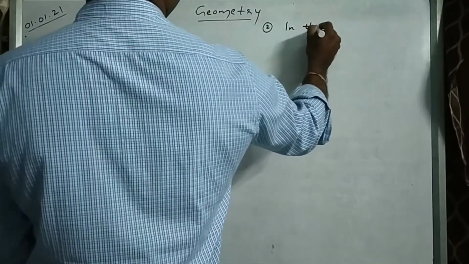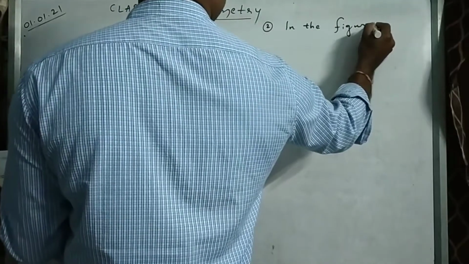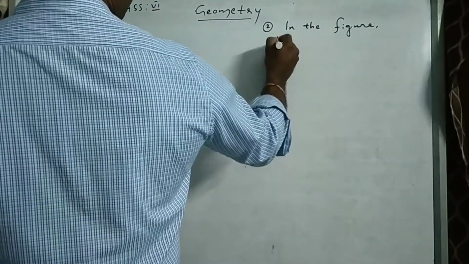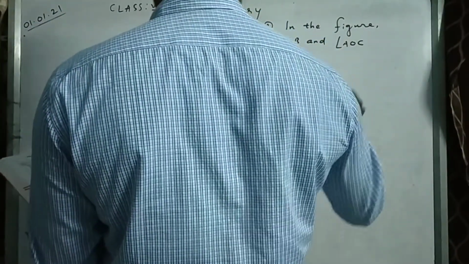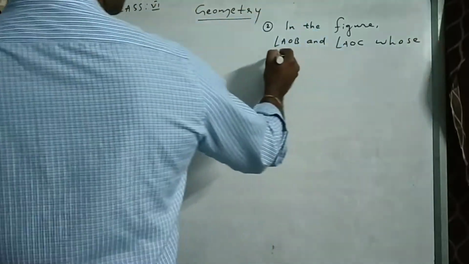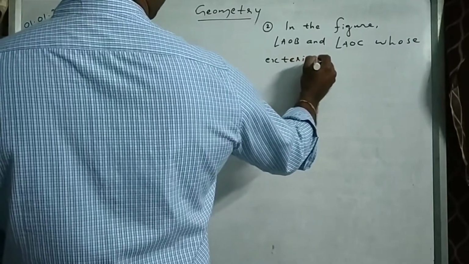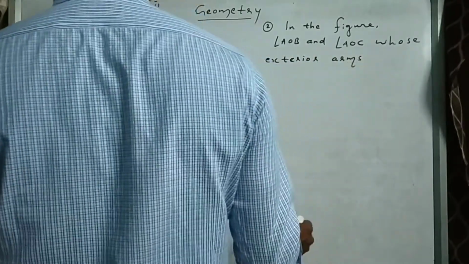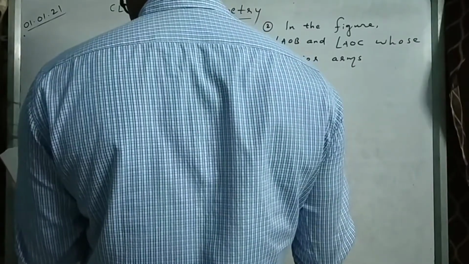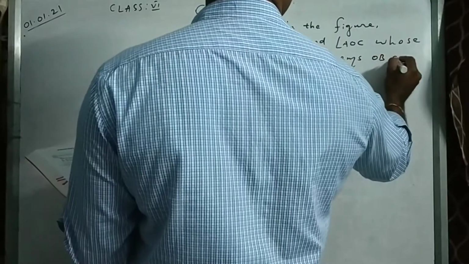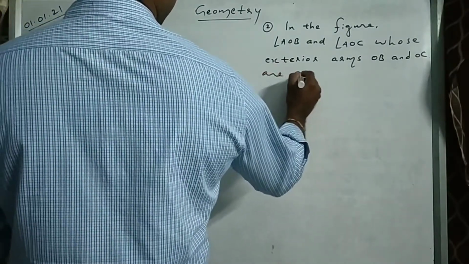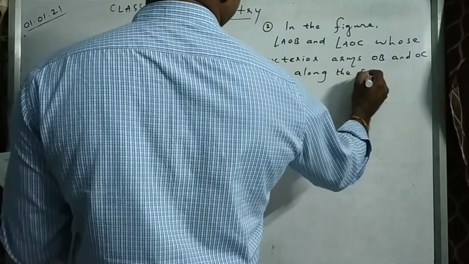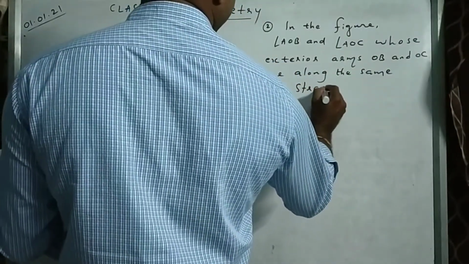In the figure, angle AOB and angle AOC, whose exterior arms OB and OC are along the same straight line.